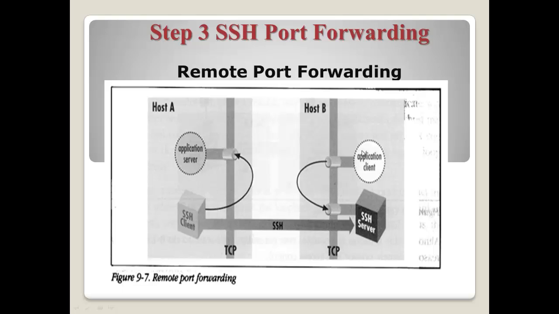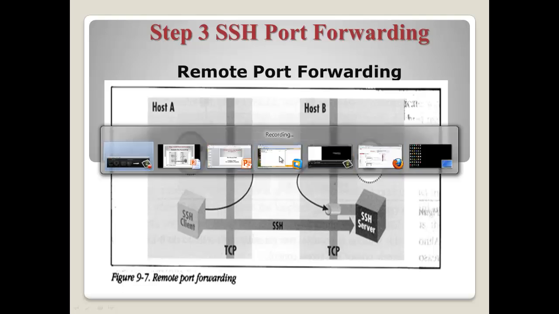For example, the application server and SSH client can be in our office, and the application client and SSH server can be our house. From my house, I cannot access my office using these kinds of applications. But if I use the SSH secure channel, anytime I can access the application server in my office from my house. Okay, then let's test.